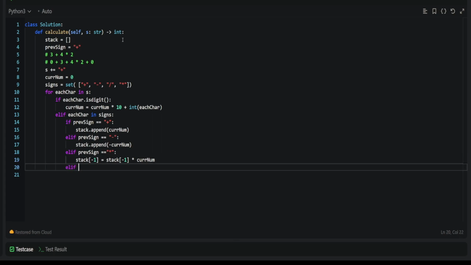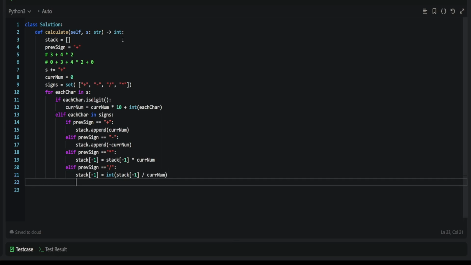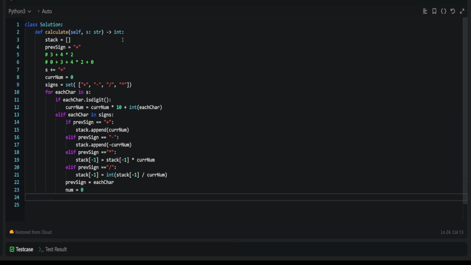And then if it's division, we can just use else here, but just so that you understand better, we also do a division on the previous value, but we also want to use int here because we have to round it toward 0. That's what I will do. And then we'll update the prev sign to be the current one. And then we'll reset our num to 0 since we'll be measuring our num again.